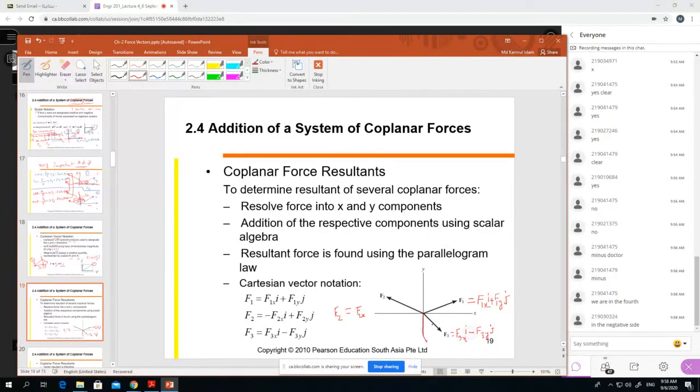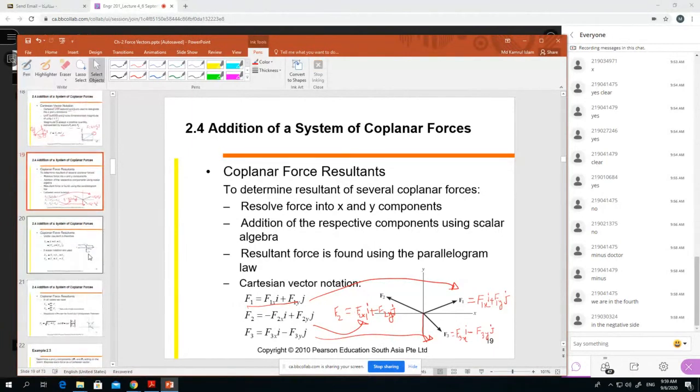Yes, this is minus, correct. F2 equal to F2x i, this will be the minus side, plus F2y j. Okay, all right, this is something different. F1 equal to this, F2 equal to this, and F3 equal to this, already written. I think you understood already, right?